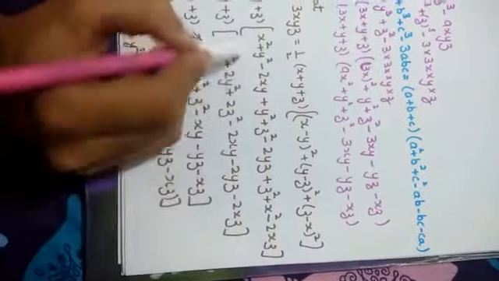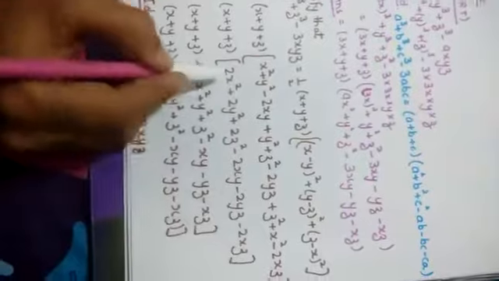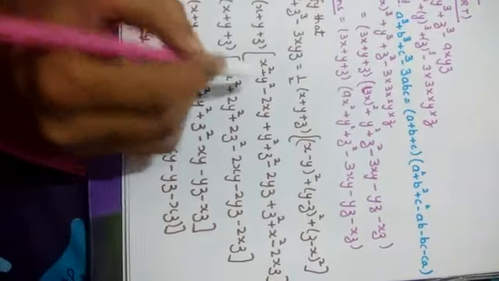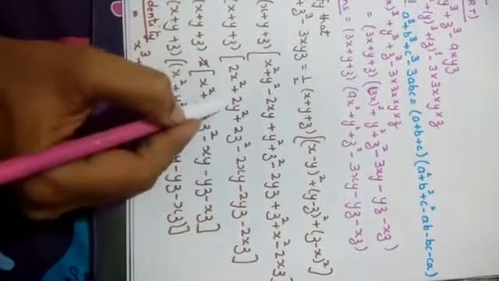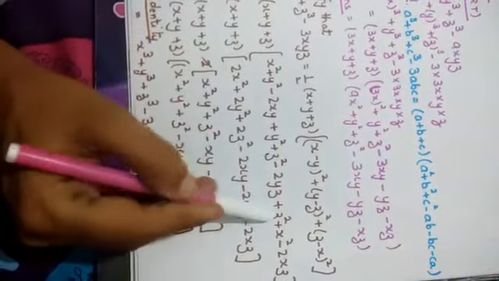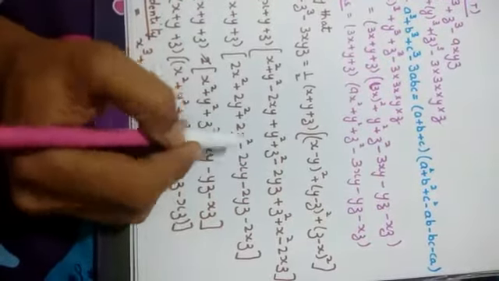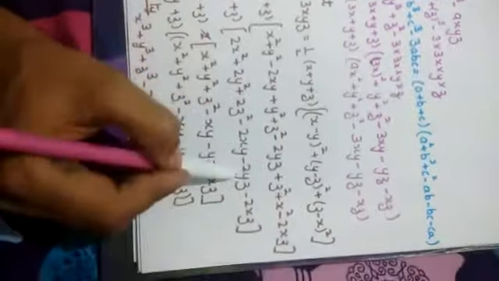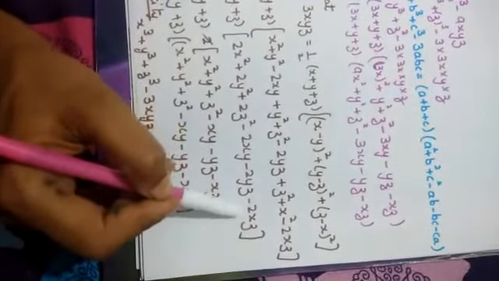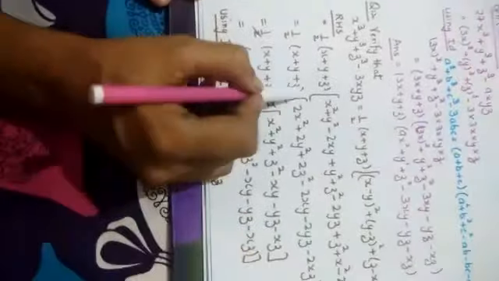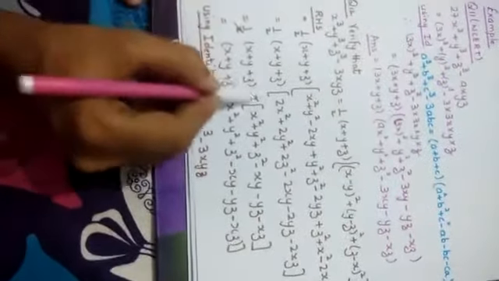Now you can see we have 2x squares, so I have added it as 2x square. Y square and y square will become 2y square. Z square and z square will become 2z square. Then minus 2xy, minus 2yz and minus 2xz. After this step, I have taken 2 common. This 2 and the half cancel.